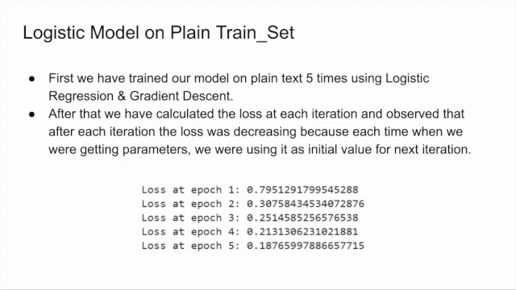So first we trained our model on the plain text 5 times using logistic regression and gradient descent. After that we calculated the loss at each iteration and observed that the loss decreases after each iteration, because the parameters we got were used as the initial values for the next iteration.